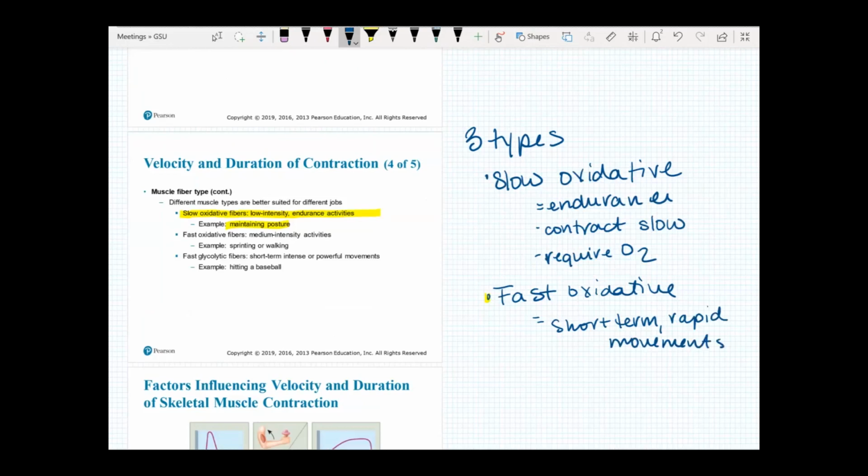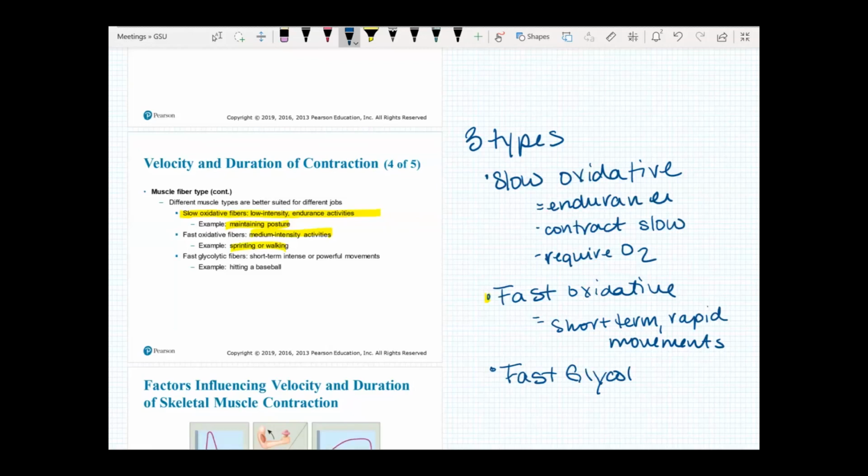This uses little to no oxygen because it's glycolytic, but it does depend on your glycogen stores. So this is fatigable. You will actually have a decent amount of fatigue with this one, which is why with sprinting, you can feel that. And then you have the third type, which is fast glycolytic.